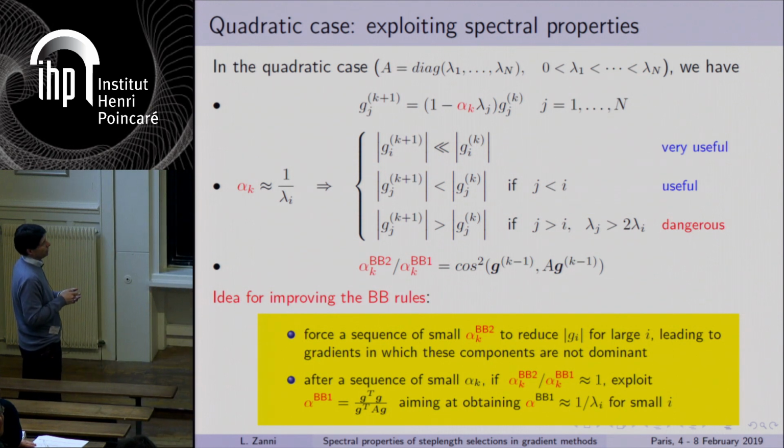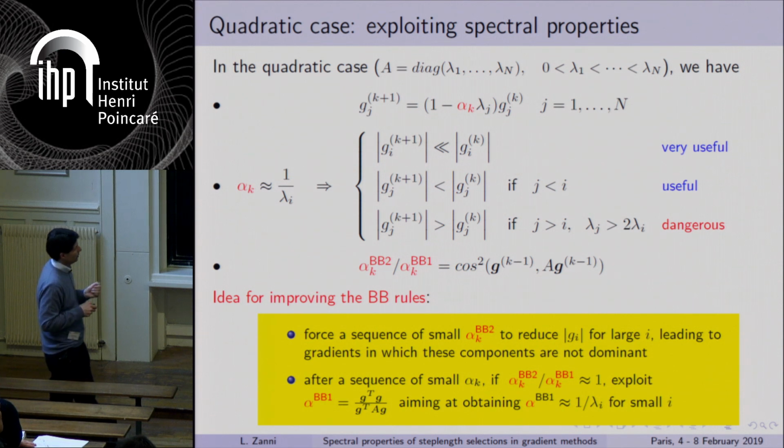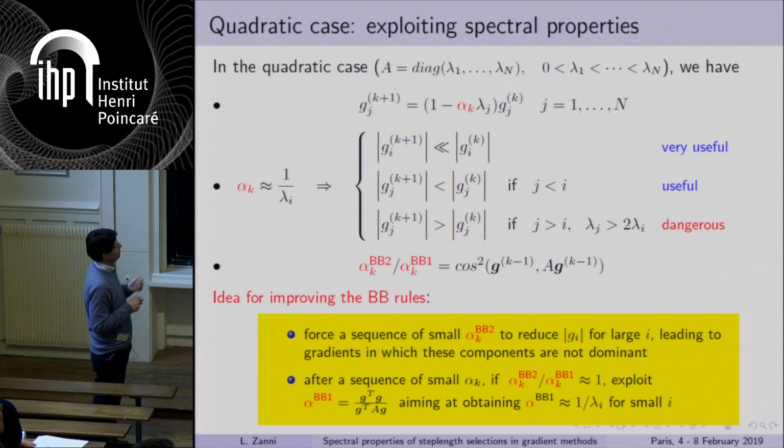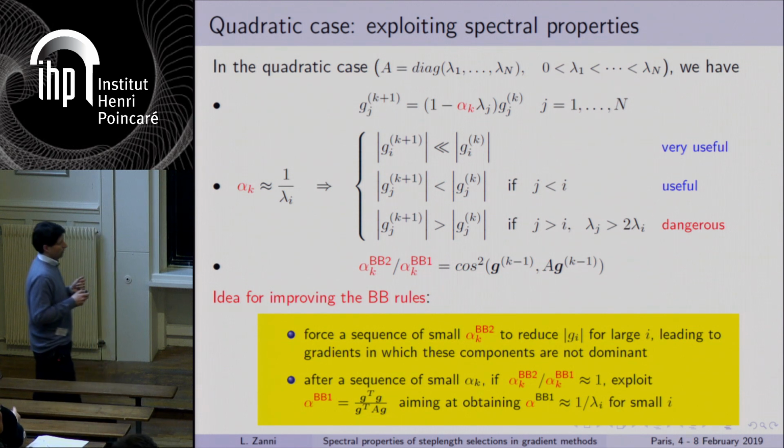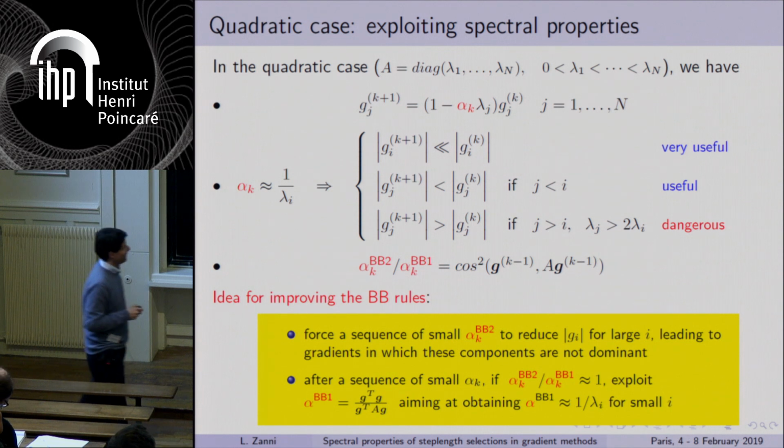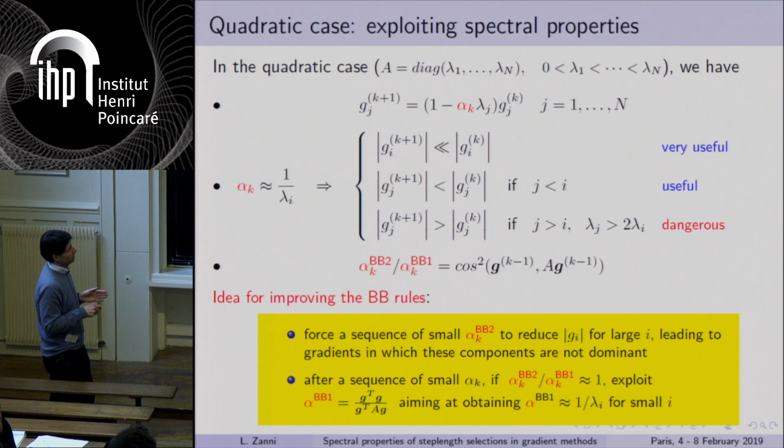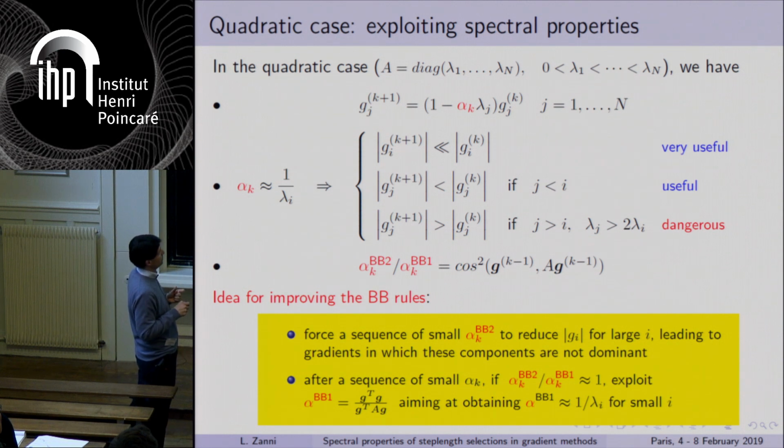Then when this ratio is close to 1, one can try to exploit the first rule that, due to its definition, will give a good approximation of the inverse of an eigenvalue. Okay, this is not easy to summarize, but the idea is to exploit a sequence of small values, for example provided by the second rule, in order to reduce many components of the gradient. And then when this switching condition suggests to exploit a good approximation of the inverse of an eigenvalue, then switch to the first rule.